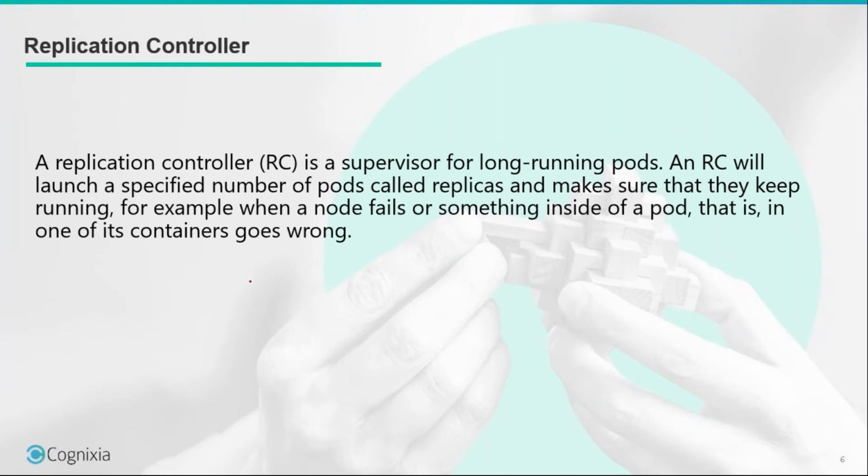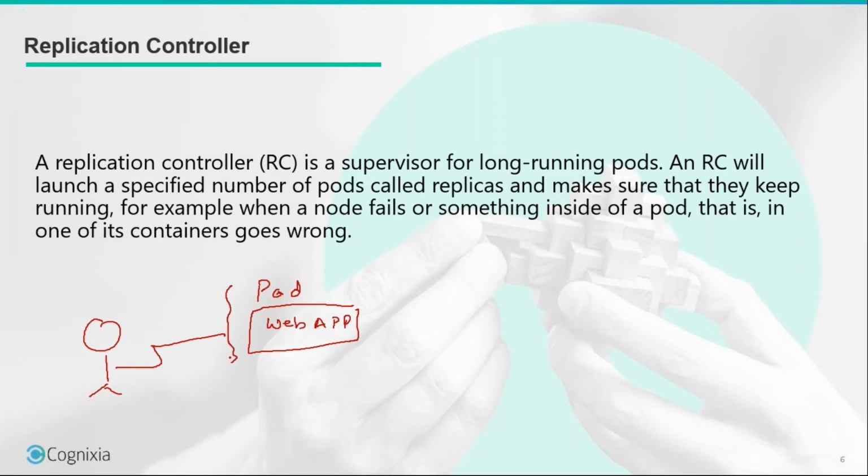So what is the replication controller? For example, there is a pod, and on this pod your web application is running. You have one container inside it. This is your client, and your client is going to access this web application. Actually, there is a service layer in between. We are not going to talk today about services.